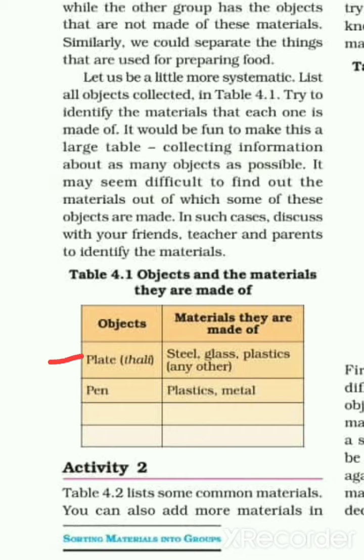So थाली किससे बनती है? स्टील, ग्लास, प्लास्टिक, many times wood. Okay, then the second example is pen. So pen किससे बनता है? With the help of plastic and with the help of metal. So with the help of these objects we can go through the materials they are made up of.